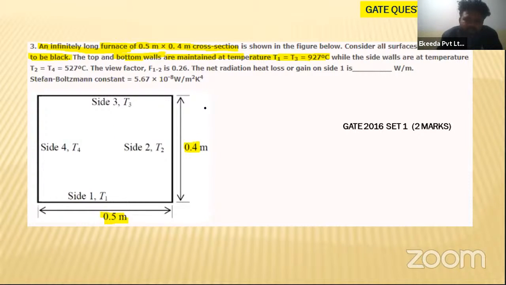So can I take directly here that T1 is equal to T3 is equal to 927 degrees Celsius, or I can also take this as 927 plus 273, my dear students. How much? 273 plus 927, 1000 plus 200. This will become 1200 Kelvin.